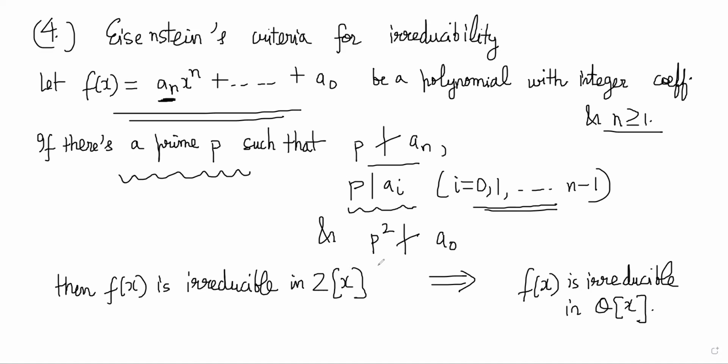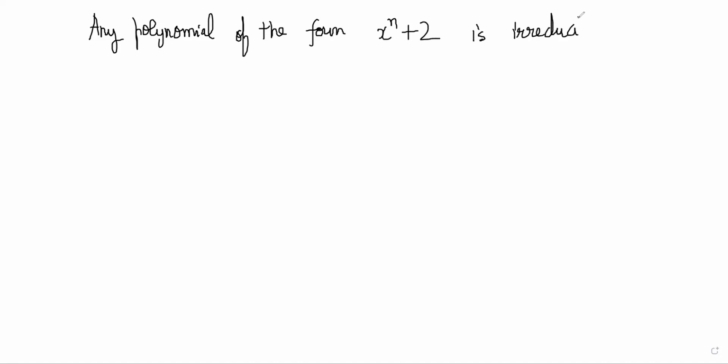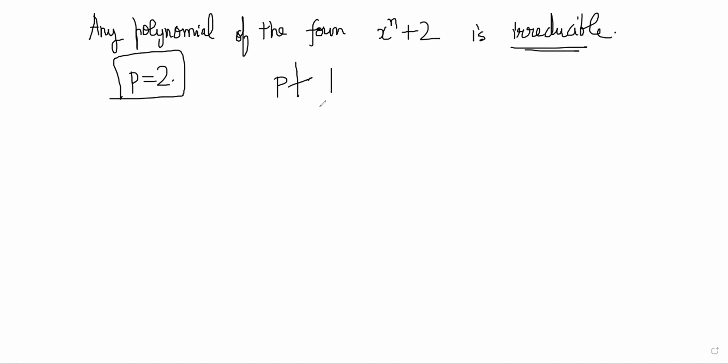In particular, applying Eisenstein, we can say that any polynomial of the form x^n plus 2 is irreducible. Why? Because we can say that our prime p is 2, and p does not divide a_n, the first term, which is 1.